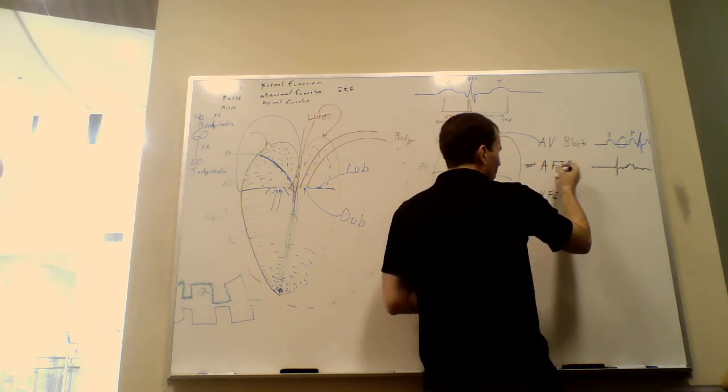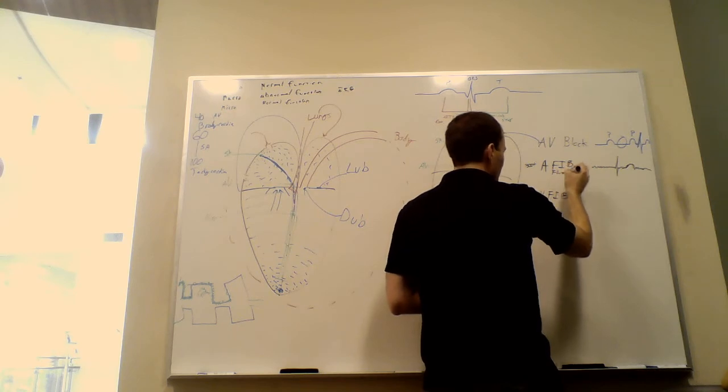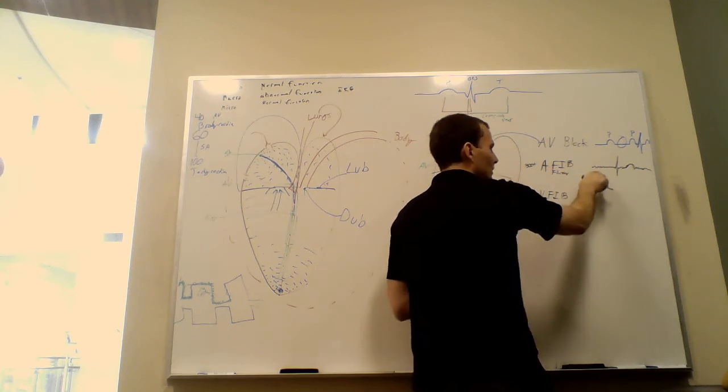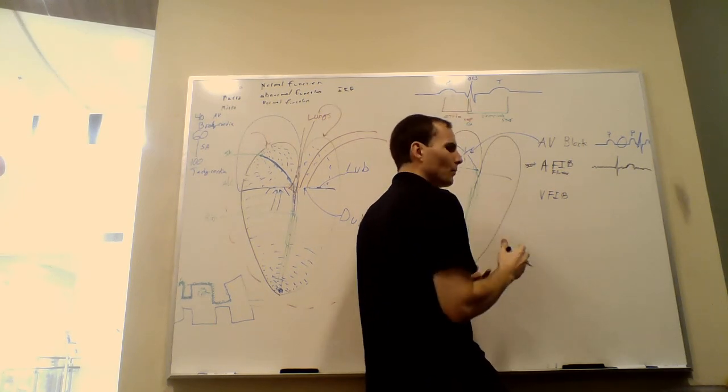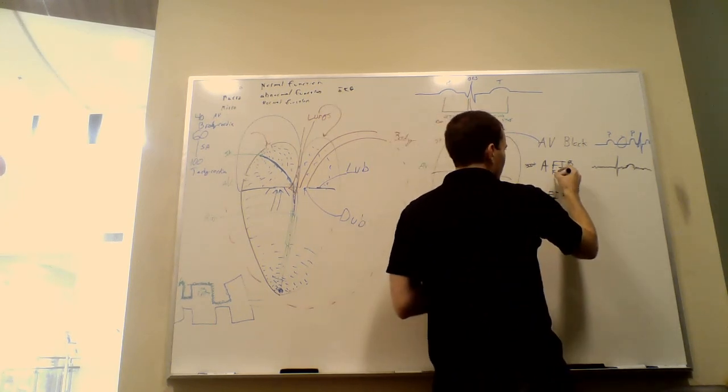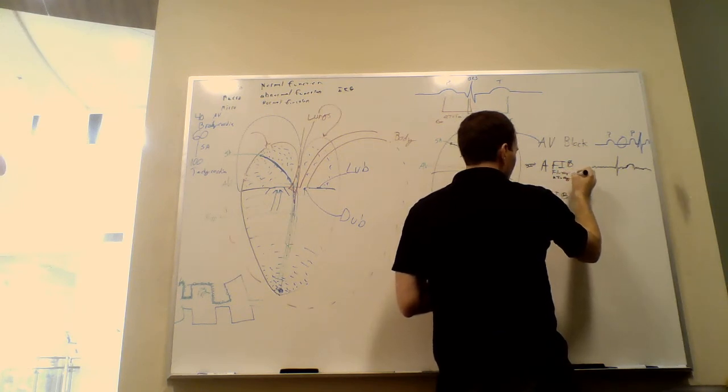There are some less severe ones called atrial flutter, which is the same thing. It's just a little bit slower, so it's not quite as bad. You're moving blood at least somewhat coordinated. And then there's also just atrial tachycardia.